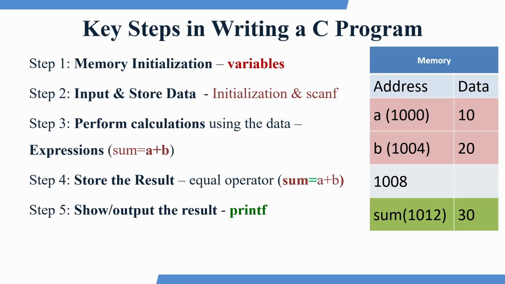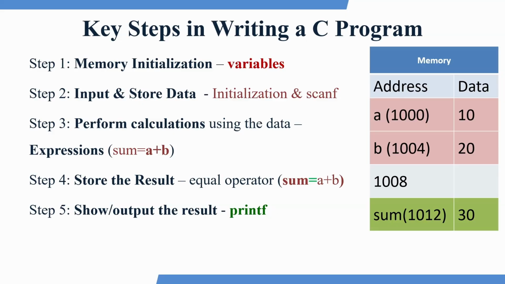And the third step is that we need to perform the intended operation. To perform the intended operation, we need to know how to write expressions. There are several operators we use in the programming language to write expressions. We need to use the symbols offered by the C programming language.